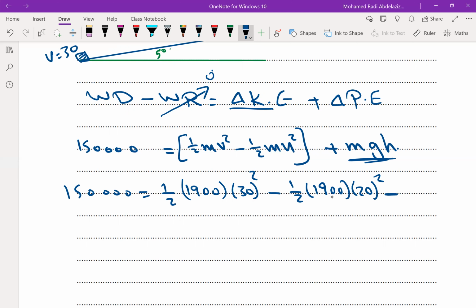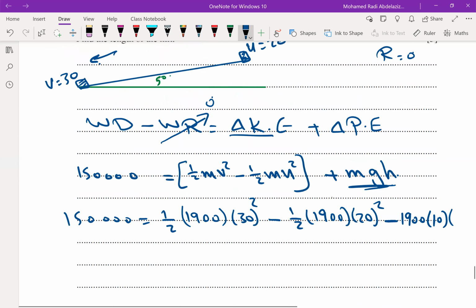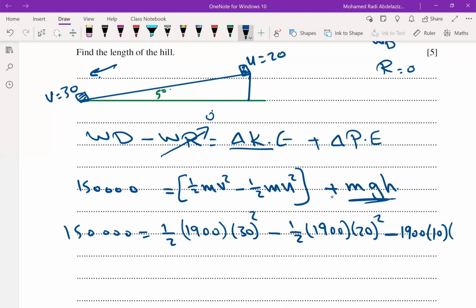potential energy. So mass is 1900, g is 10, and h, the perpendicular height, you can write in terms of the length of the hill, name it X. So the height will be X sine 5.